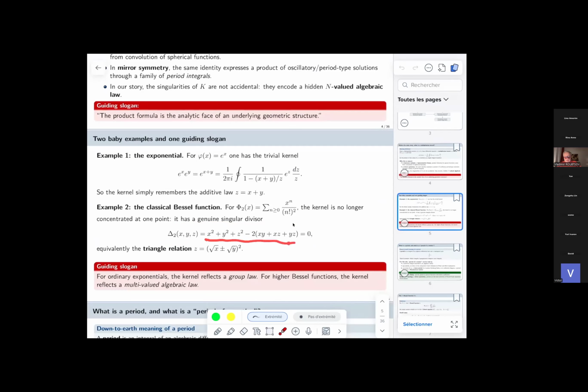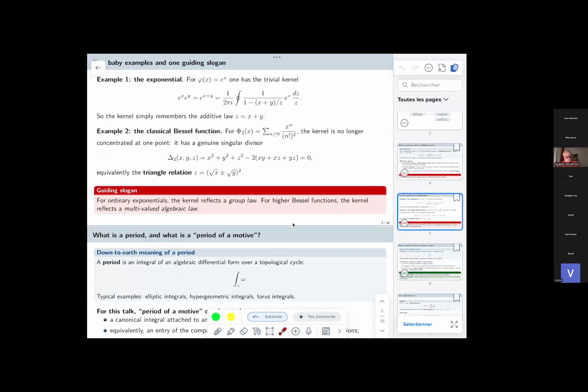If you write this symmetric function as a quadratic equation, for example with respect to z, then you have two roots, and these two roots will correspond to the two-valued group law in the sense of Buchstaber and Rees, as we will see in future.